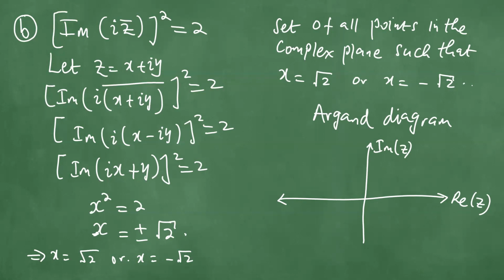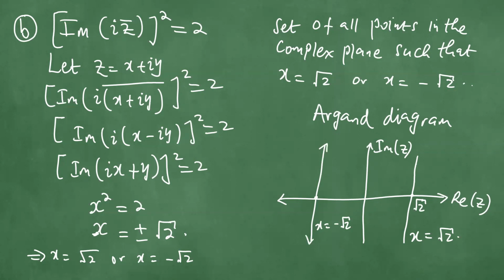So if you plot x equals the square root of 2, it is actually a vertical line like this, x equals the square root of 2. A vertical line that passes through the square root of 2, but also here we have the other one, x equals minus the square root of 2.